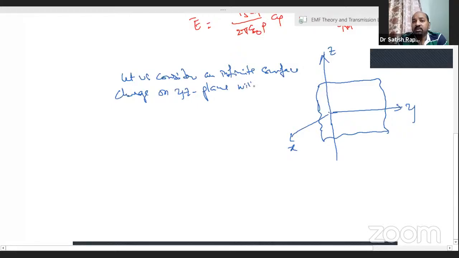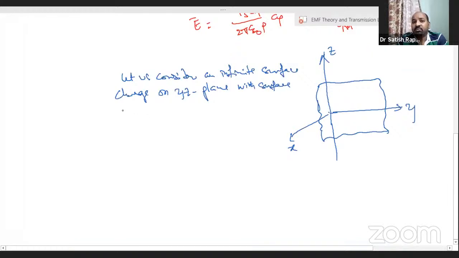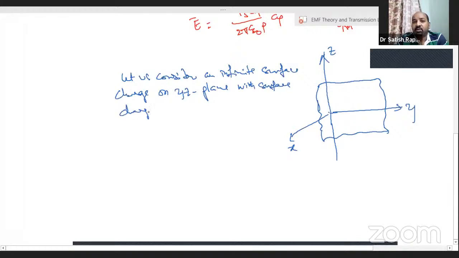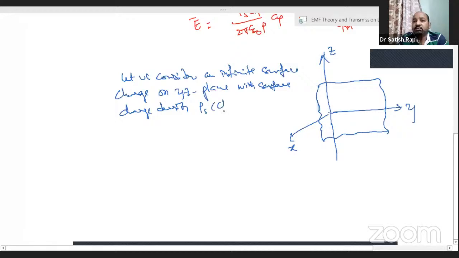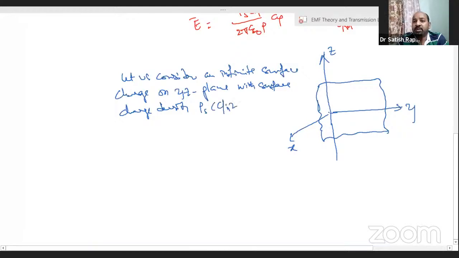With surface charge density rho S, Coulomb per meter square, as shown in the figure.